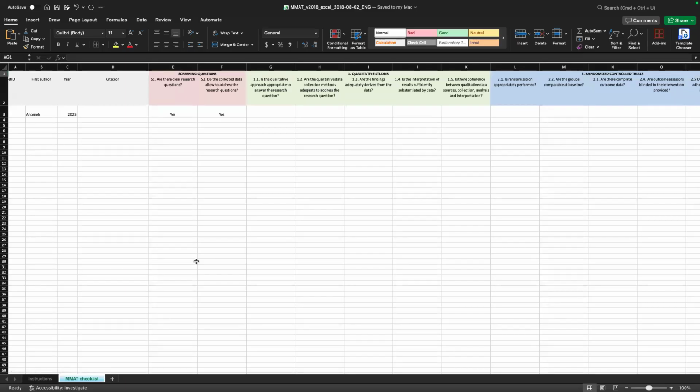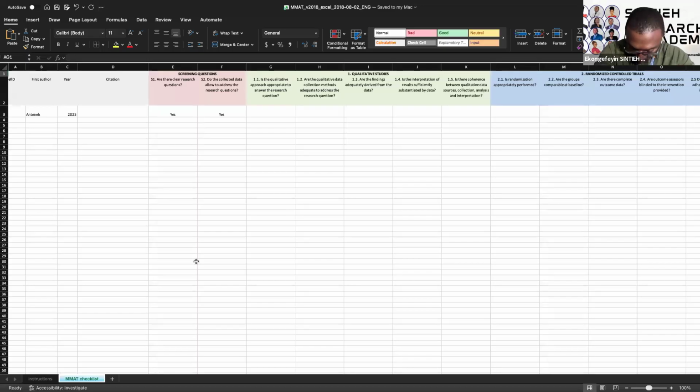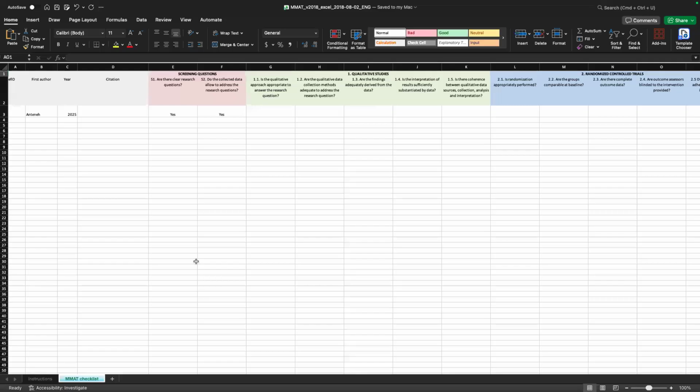Now, my question is, when you have finished this training and the instruction sheet, and you have to fill in this tool, by the end, when you finish including all the various studies in your systematic review, what tells you that your work has a low risk of bias, or a moderate risk?